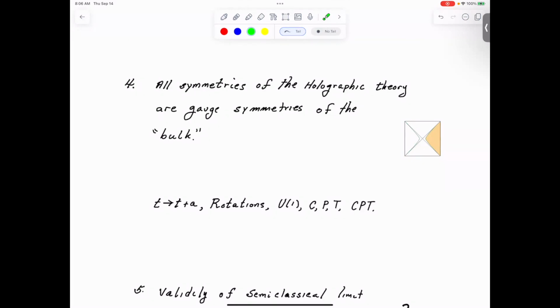Let me use that convention. The rotations which hold fixed the pode, any U1 symmetries that we may introduce that would correspond to a Maxwell sector in the static patch. C, P, and T if they happen to be symmetries, and most likely CPT.